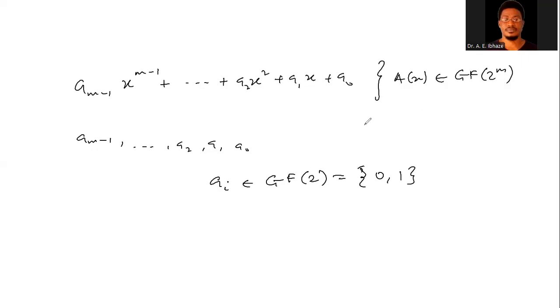But when we scale up to the extension field 2 to the m, we can have more elements in the finite field. So for the prime field having 2 elements, all of these coefficients of the polynomial can either be a 0 or a 1. Is that clear?